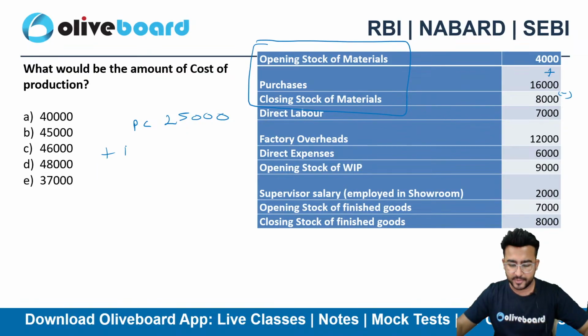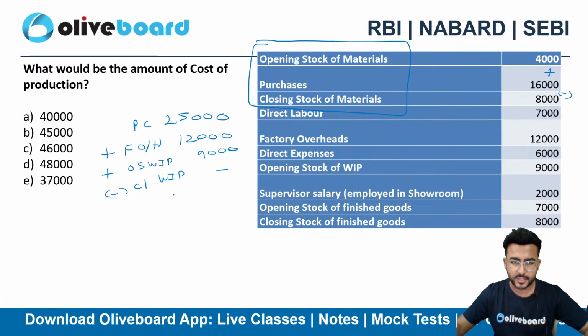Then I need to add my factory overheads, 12,000. I need to make the WIP adjustment, add opening stock of WIP, 9,000. Is there any closing stock of WIP? No. There is no closing WIP here, so nil. This will be my factory cost. 46,000 is my factory cost here, right?